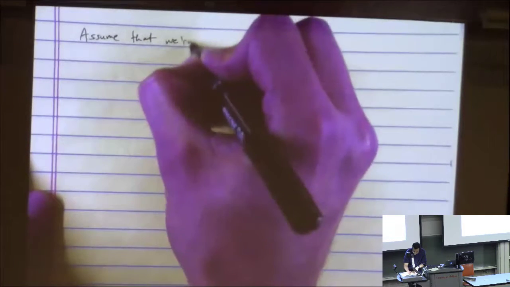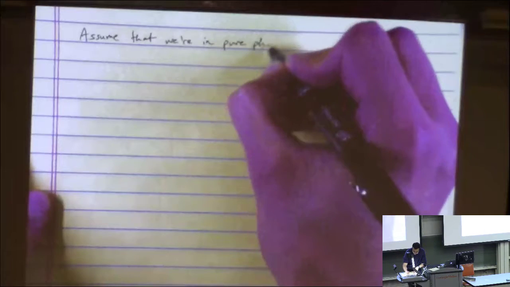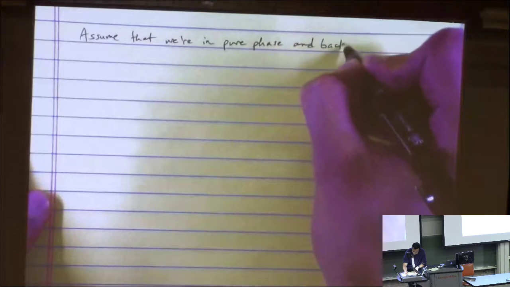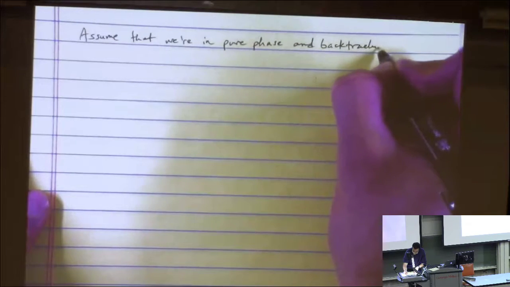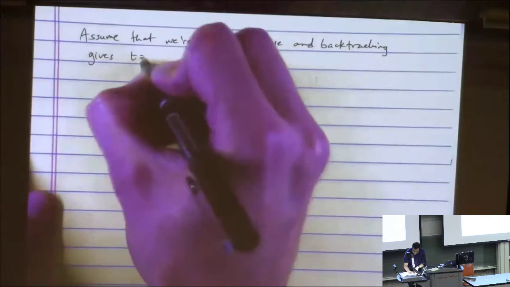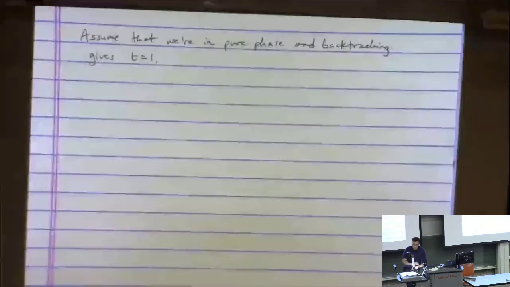Let's assume that we're in the pure phase, and backtracking gives us t equals 1. This part of the proof I'm not going to do for you. I think it's longer and less interesting, or maybe it's just less easy to see.